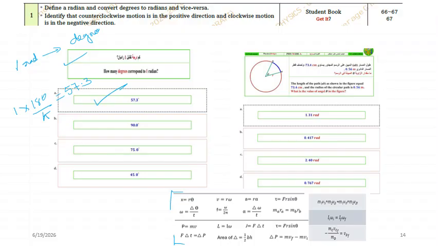Okay. Now let us look at the next question. See, it's not connected with the first question, it's connected with the second question. The length of the path. What is the length of the path? We call it arc length. Normally we represent it with x, right?